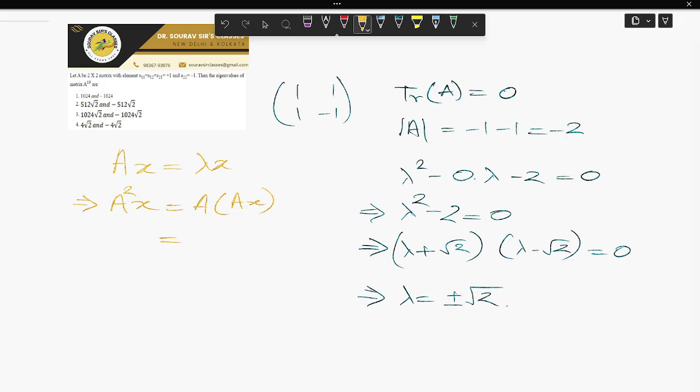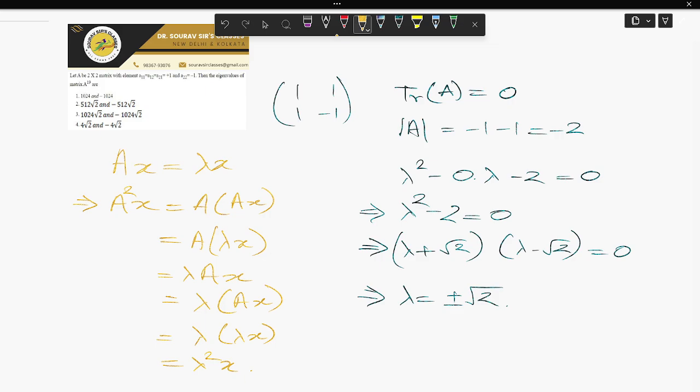As Ax equals lambda x, we can write A of lambda x, and as lambda is a scalar, we can write lambda Ax, so that will be lambda into lambda x, which equals lambda square x.